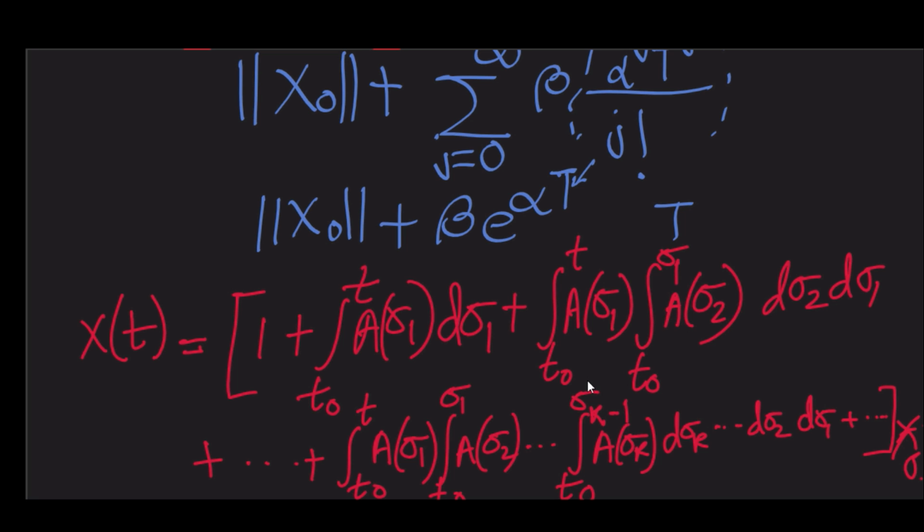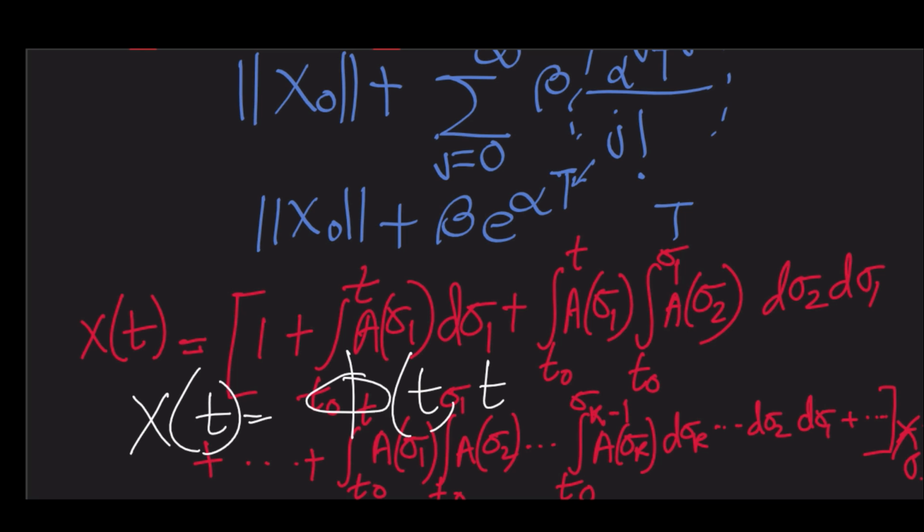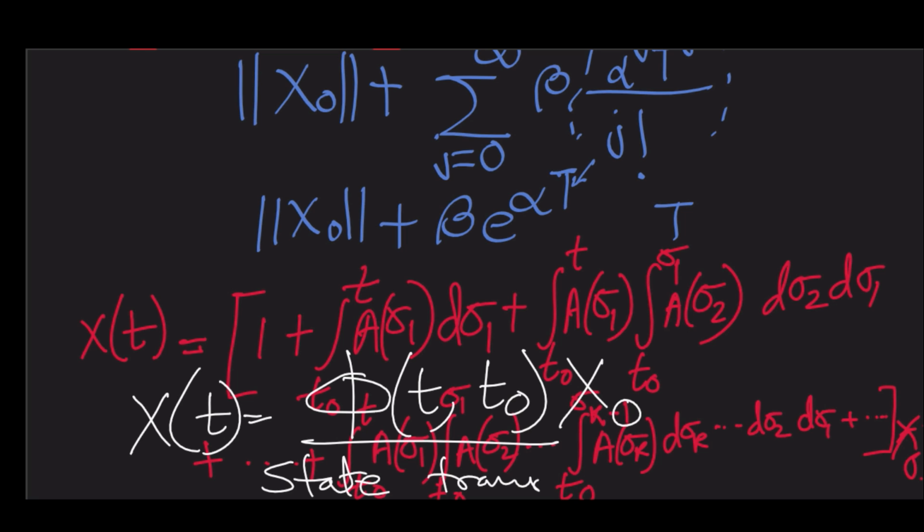So this one we then consider like x(t) is equal to this whole bracketed term. We write it as phi(t, t naught) x naught and term this as the state transition matrix that we have discussed in our last video.